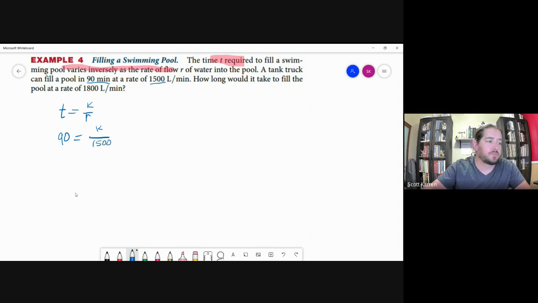So then I simply multiply both sides by 1,500. That cancels it out and leaves me with k on the right-hand side, and I multiply 90 by 1,500 over here. That leaves me with 135,000.